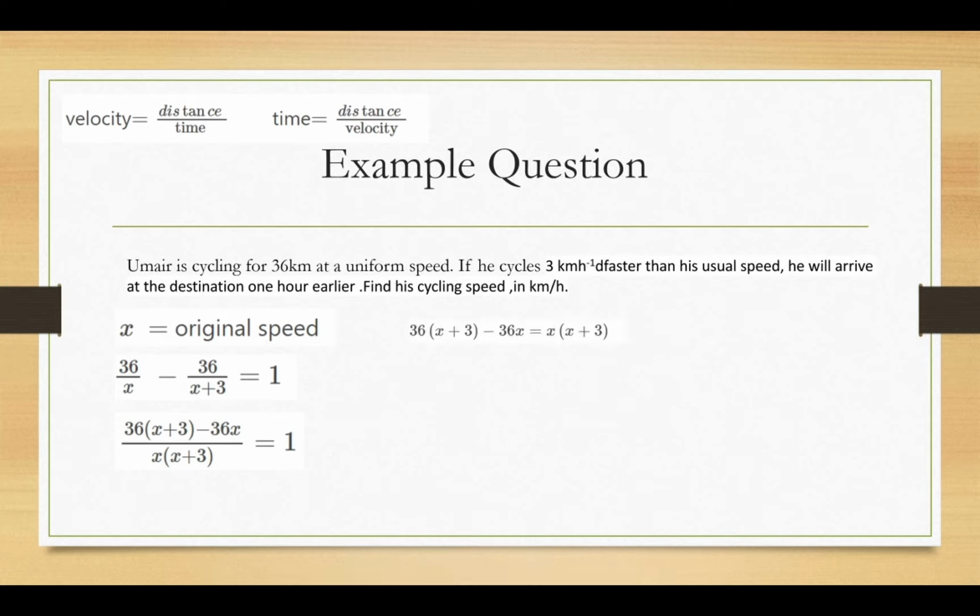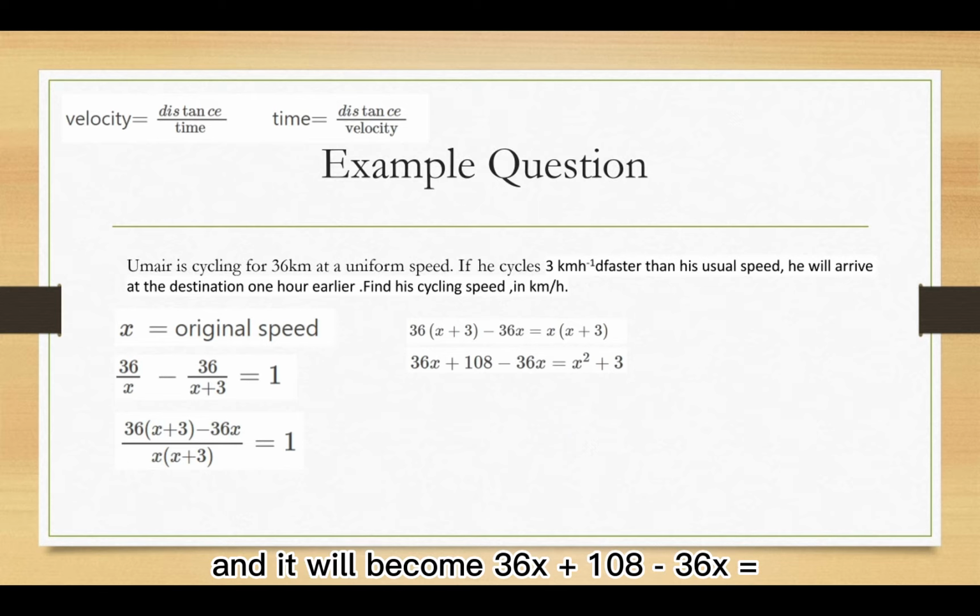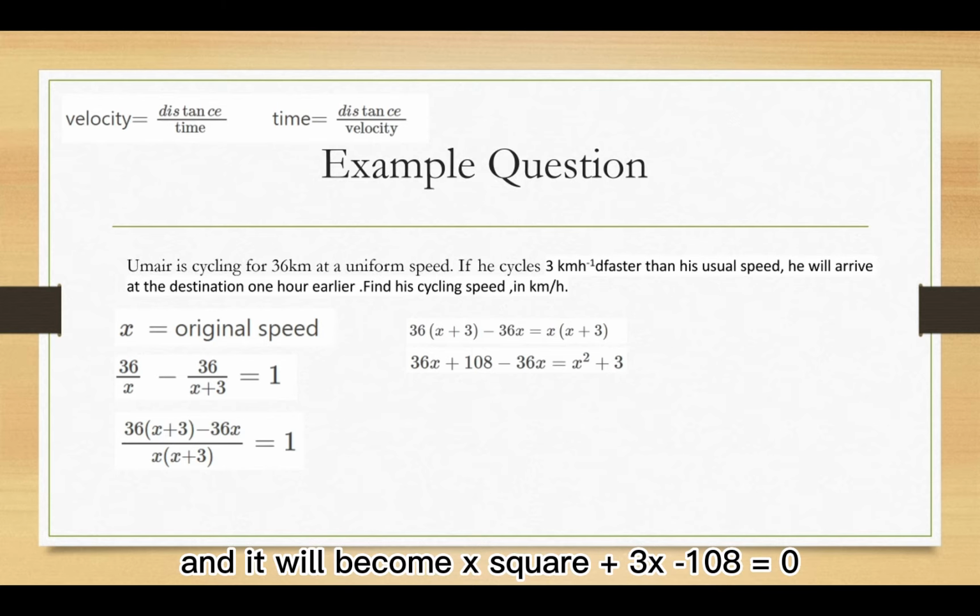So next will be 36 times x plus 3 minus 36x equal to x times x plus 3. And it will become 36x plus 108 minus 36x equal to x squared plus 3x. And it will become x squared plus 3x minus 108 equals to 0.